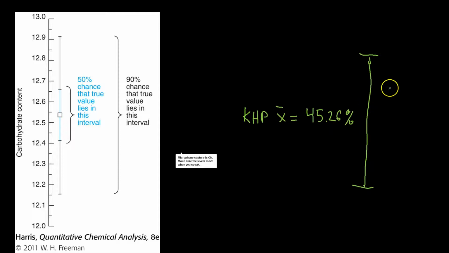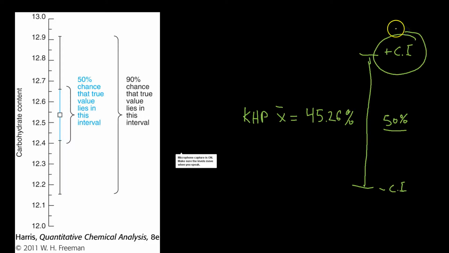So you have a value plus the confidence interval and minus the confidence interval, and what we're looking at is a 50% level. And what I asked you specifically was what was the maximum value. So we're looking at this right here.